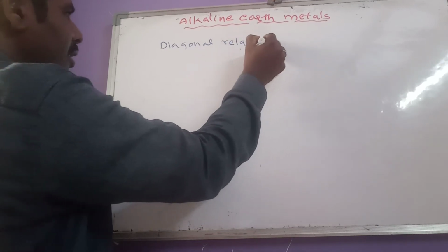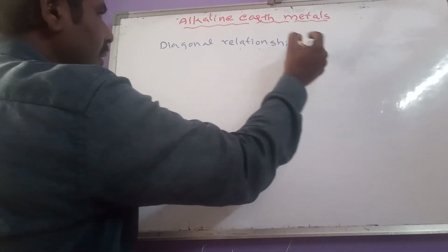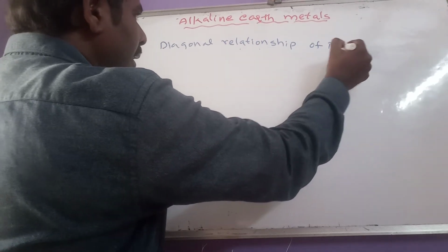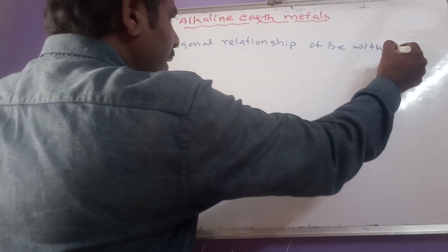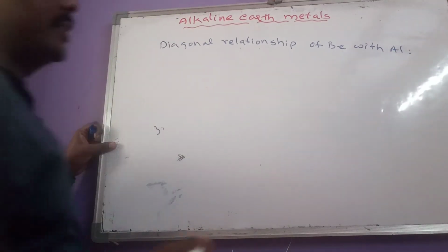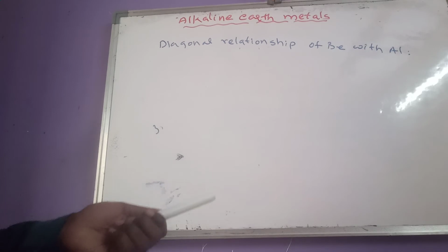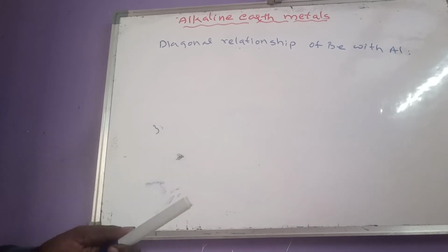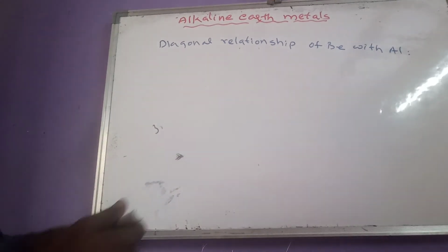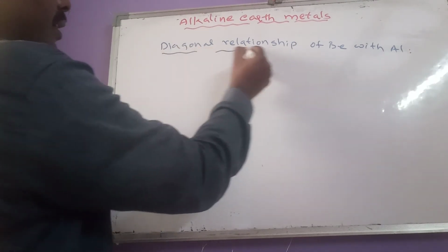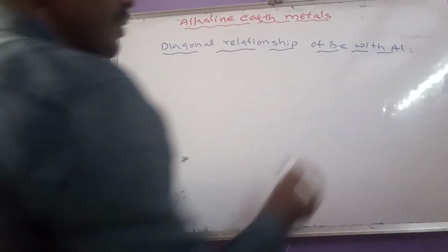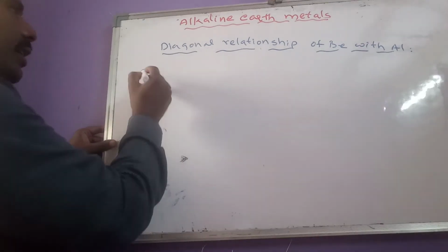So now let us see the diagonal relationship of beryllium with aluminium. Due to the same polarizing power and almost the same atomic size, they can have that diagonal relationship. Now what are the similar properties? Let us see here.